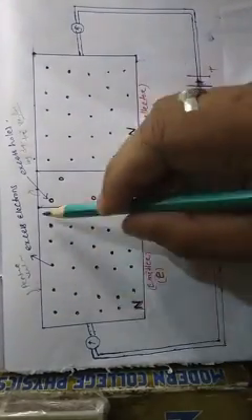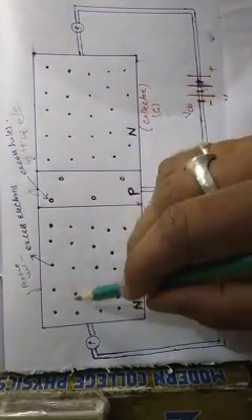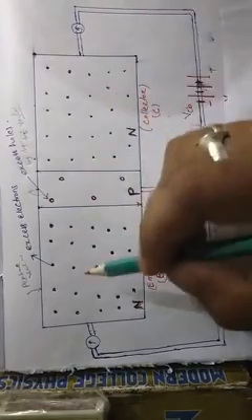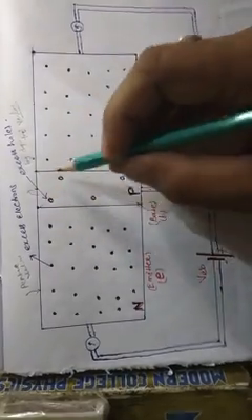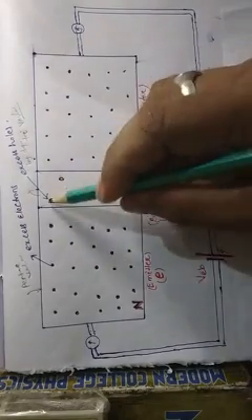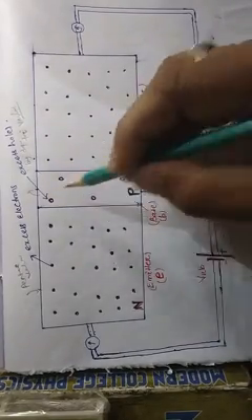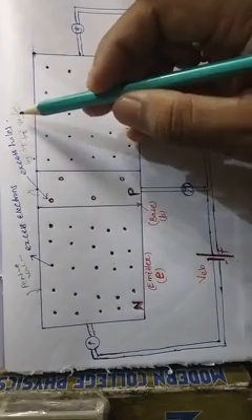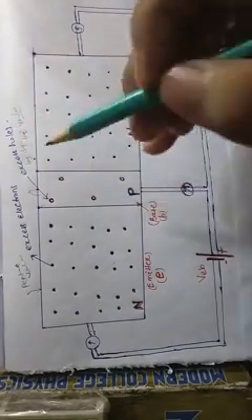So these are the excess electrons in the n-type semiconductor, this side and this side, and these are the excess holes due to the trivalent impurity or doping atom.